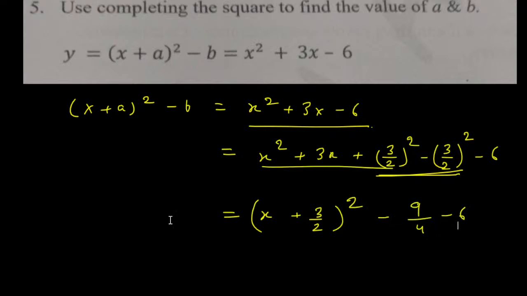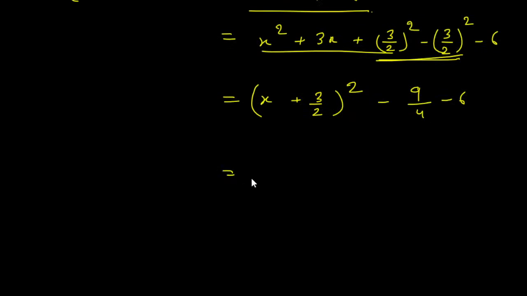minus 6. So what you get here is x plus 3 divided by 2 the whole square minus, so it is 9 and 24. Minus 9 minus 24, we have 33.